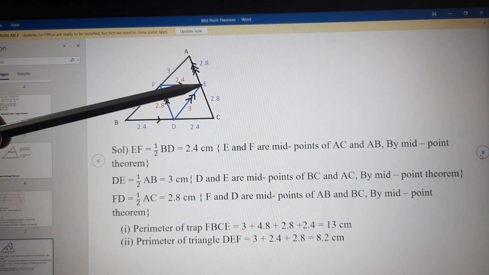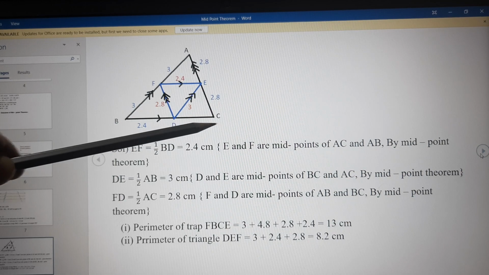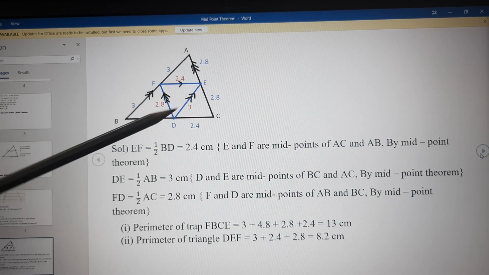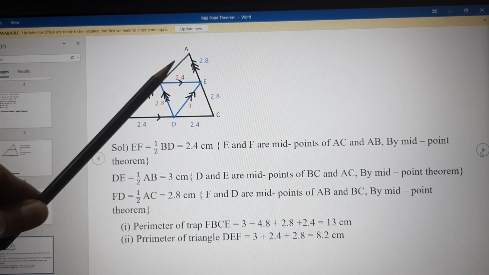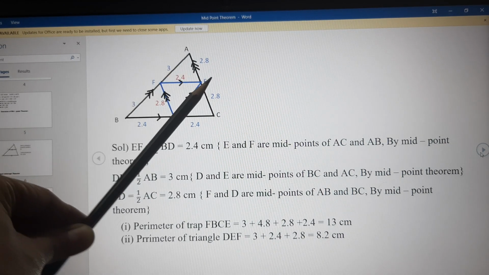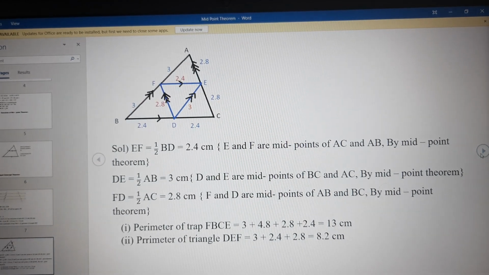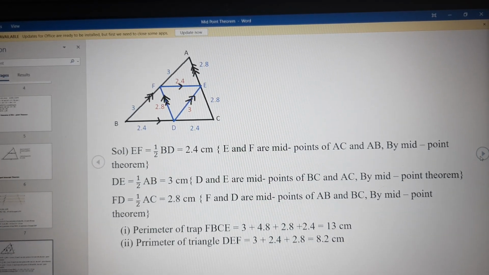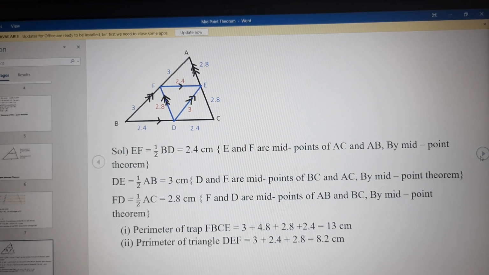If we take E and D as the midpoints of line segments AC and BC respectively, then ED will be half of AB, half of the opposite base. So half of AB, that means 3 centimeter.